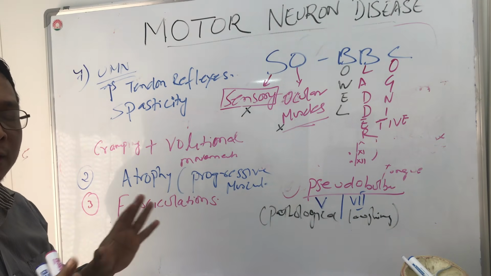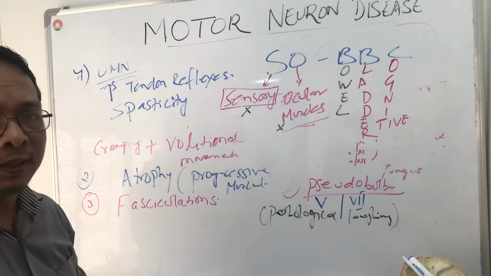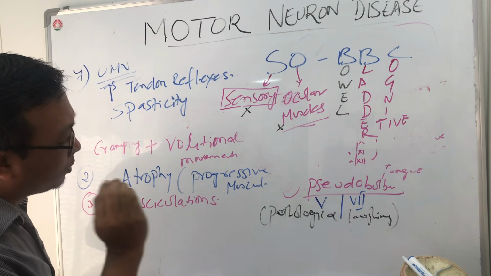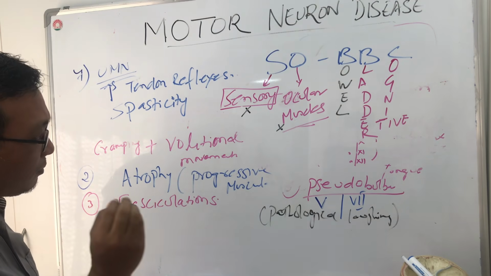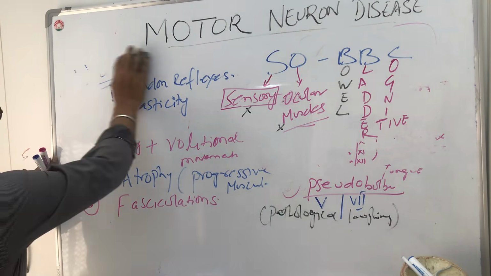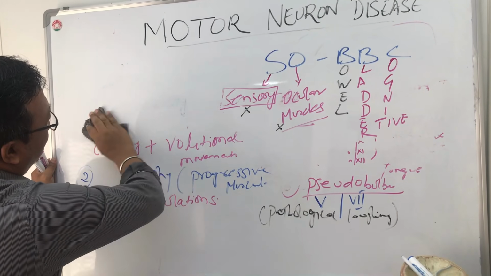There is no cure in the treatment part. We know there is no cure here. We can only do some palliative treatment and increase the quality of life. But there is a drug that is now in the market and being widely used, called Riluzole.